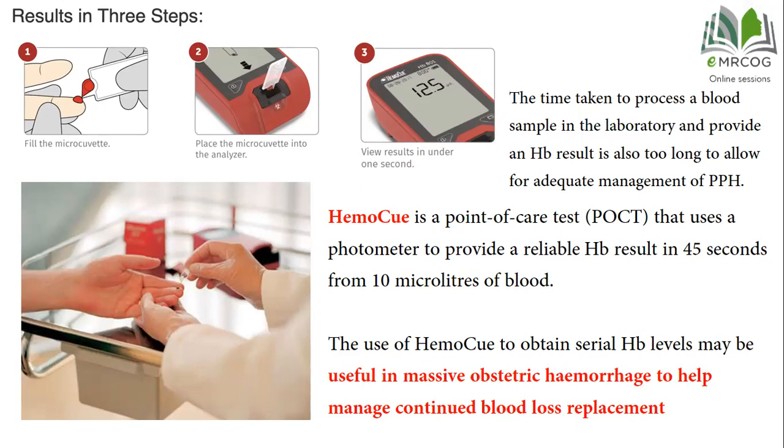It can give you a reliable hemoglobin result in 45 seconds only, and only from 10 microliters of blood. You just fill the microcuvette with the patient's blood drop and place it into the analyzer, and voila, you are going to have the estimated hemoglobin, and it's really accurate.